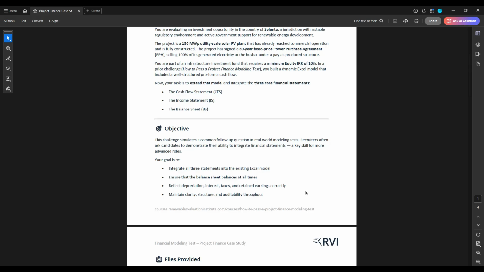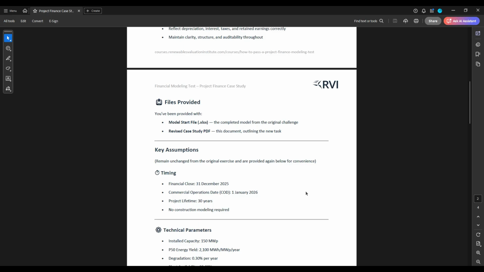Recruiters often ask candidates to demonstrate their ability to integrate financial statements, a key skill for more advanced roles. Your goal is to integrate all three statements into the existing Excel model, ensure that the balance sheet balances at all times, reflect depreciation, interest, taxes, and retained earnings correctly, and maintain clarity, structure, and auditability throughout.